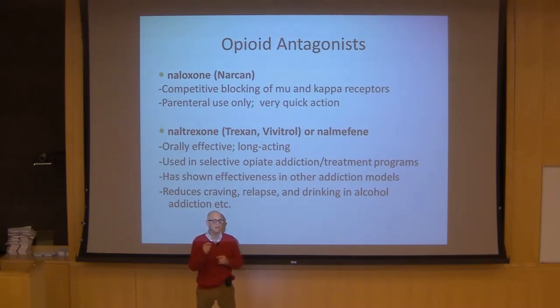An antagonist has a very similar structure to the opiates, although it can go in and displace the opiate from the receptor and basically create this situation where you get rapid detox or rapid reversal of the opiate all in a very short period of time.